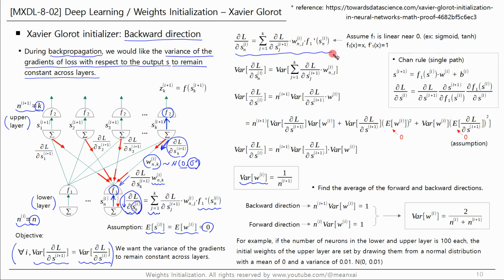This can also be obtained using the chain rule. Si plus 1 is the dot product of F1 of Si and Wi plus Bi. And the partial derivative of the loss L with respect to Si can be written as follows by the chain rule.